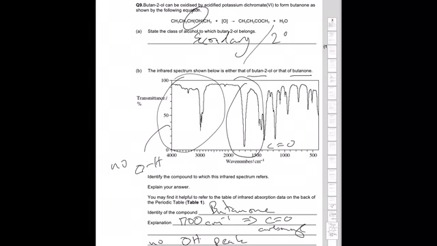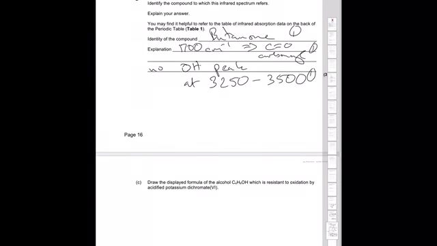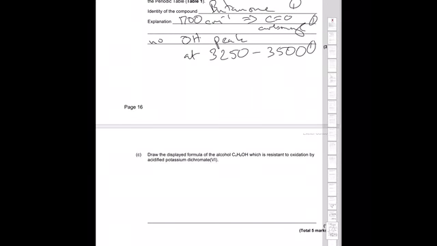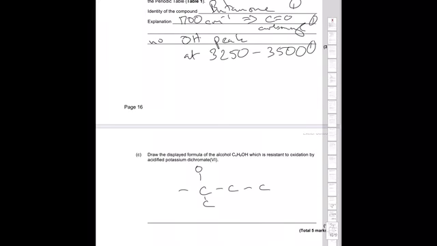Oh, I seem to have missed that previous question, that mechanism. Okay, so draw the displayed formula of alcohol C4H9OH, which is resistant to oxidation by acidified potassium, so it has to be a tertiary alcohol. So you have to draw it as a tertiary alcohol because it doesn't oxidize. Remember, tertiary alcohols don't oxidize.